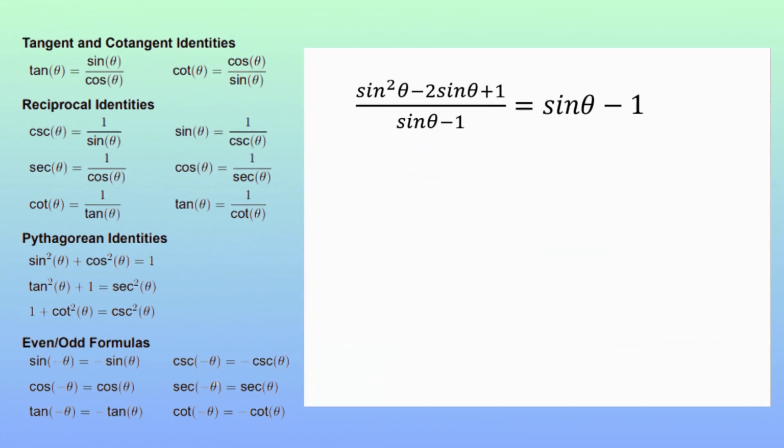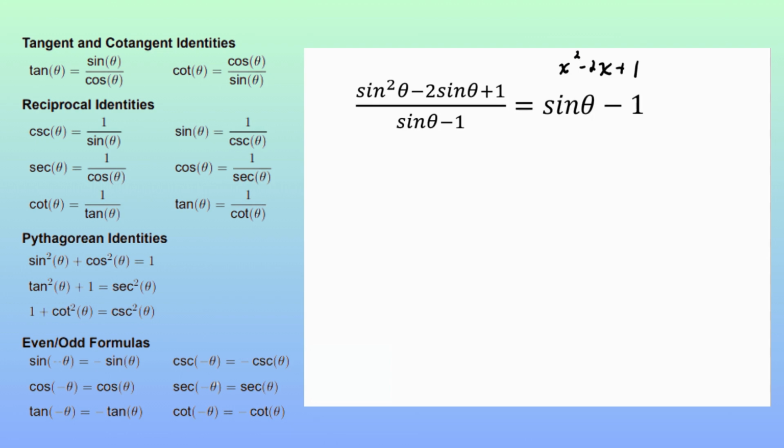All right, in my last example here, we're going to work with the left side. And if you look up top, the sine squared theta minus 2 sine theta plus 1, that follows the pattern of a quadratic. So this is really like we were factoring, let's say, x squared minus 2x plus 1. Well, how would that factor?